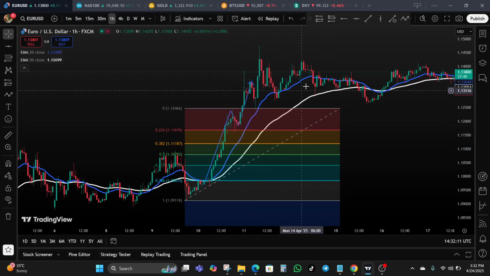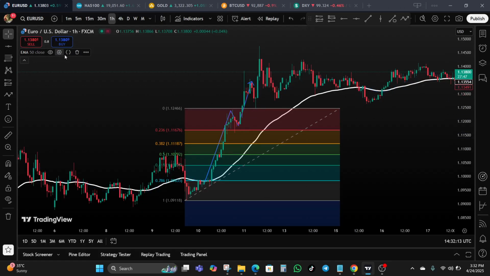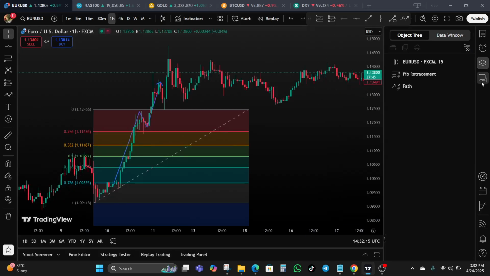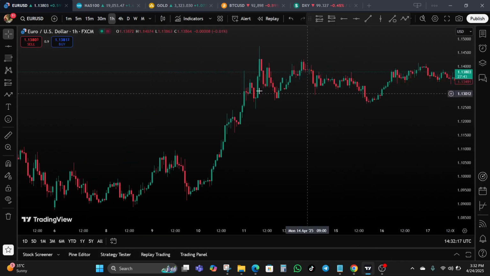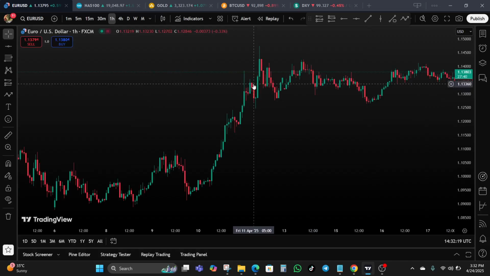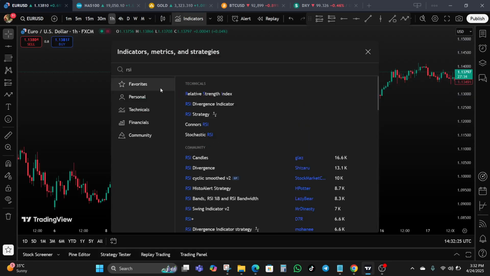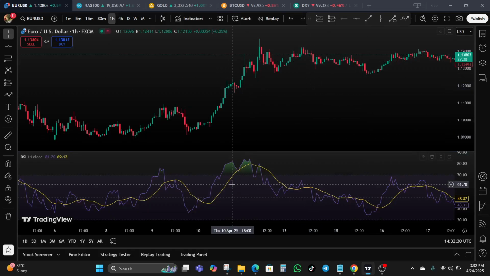Next up, the next indicator we're going to be looking at is the relative strength index. The relative strength index is also key for pullbacks.